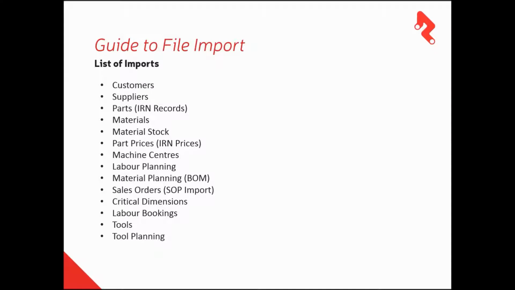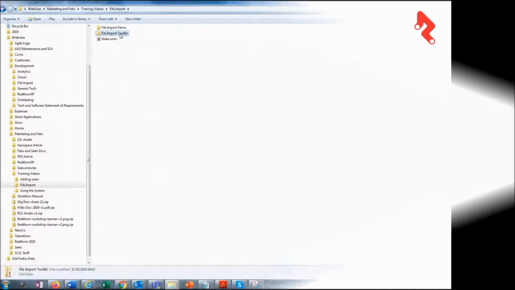You can also import sales orders, so this might be something you do on an ongoing basis. You can also import critical dimensions, labour bookings, again on an ongoing basis, tools and tool planning.